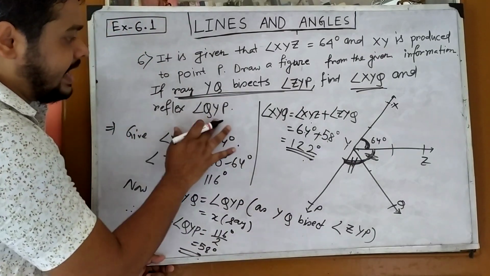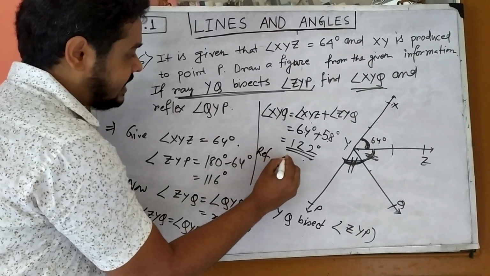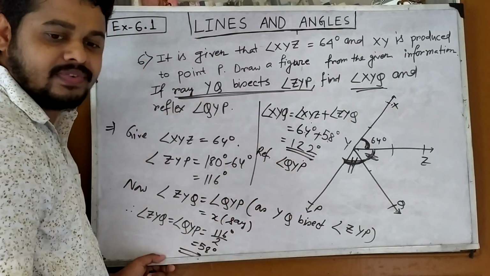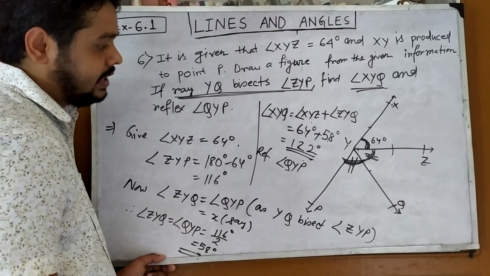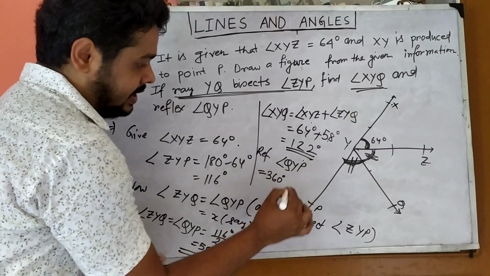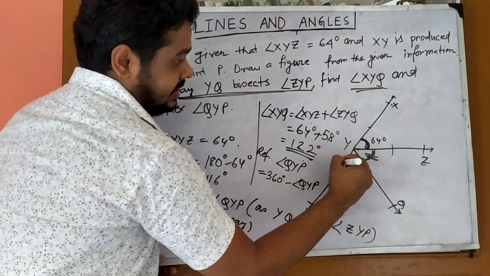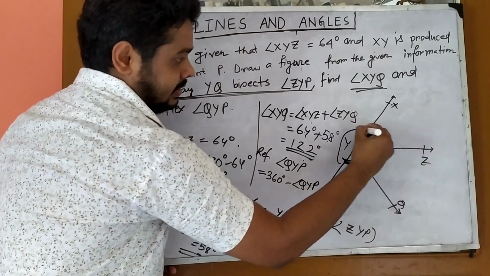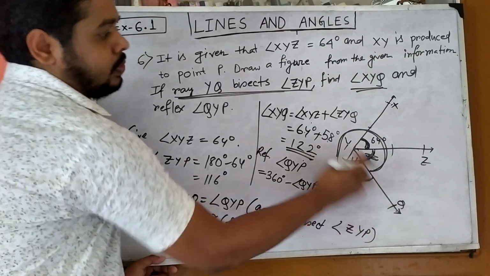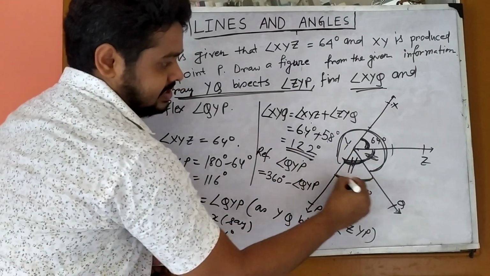Now we have to find the reflex angle QYP. What will be the value of reflex angle QYP? Simply it will be 360 degree minus angle QYP. Now angle QYP is 58 degree.